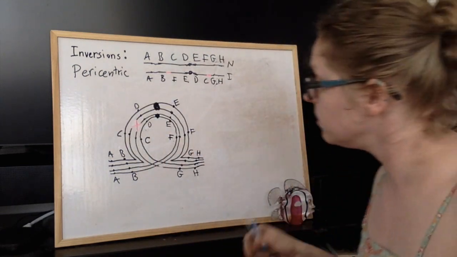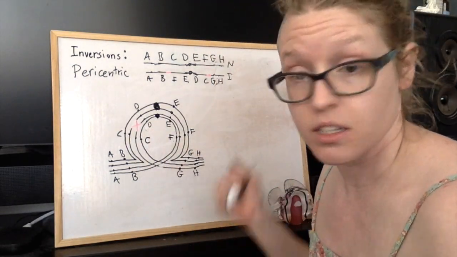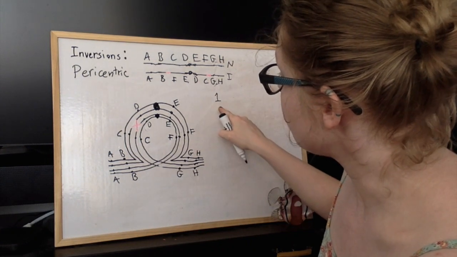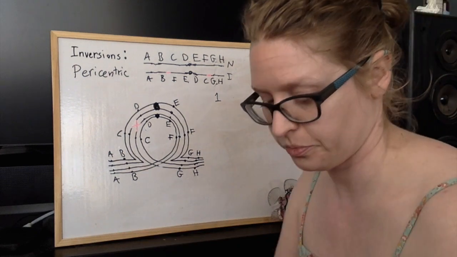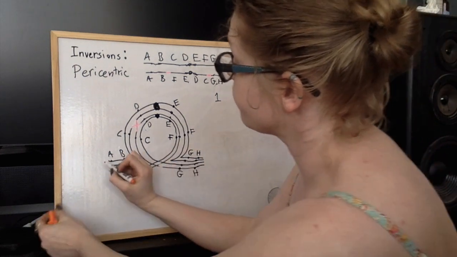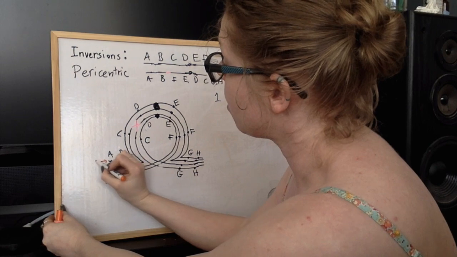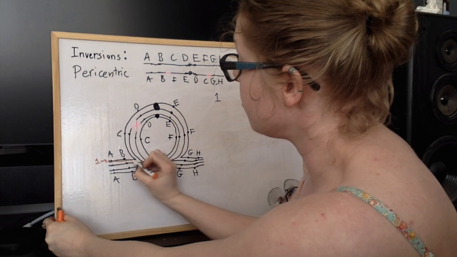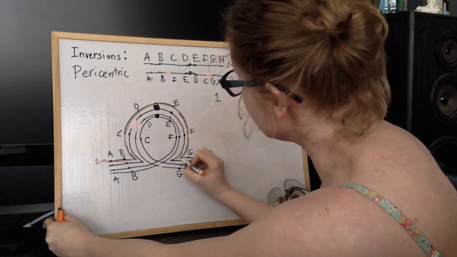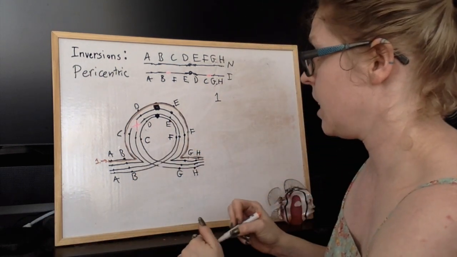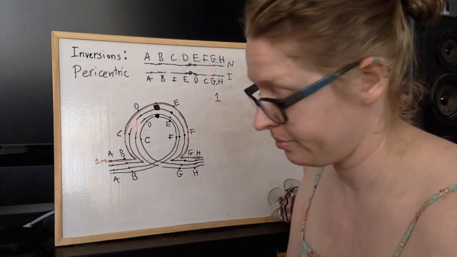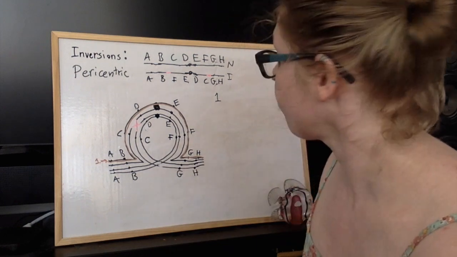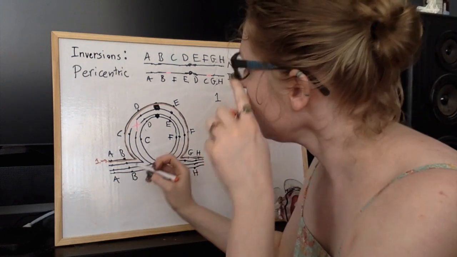So then, our resultant gametes go like this. The first gamete is going to go A, B, G, H. That's normal. I'll write them out in a second. I'll do the magic pause thing. Number 2.